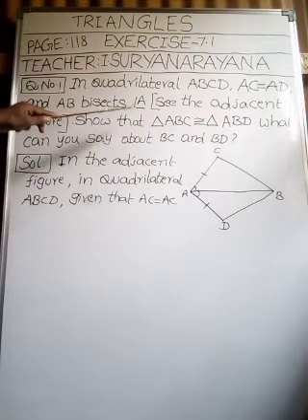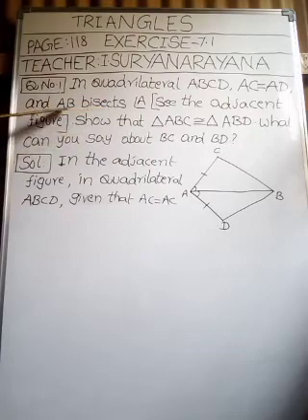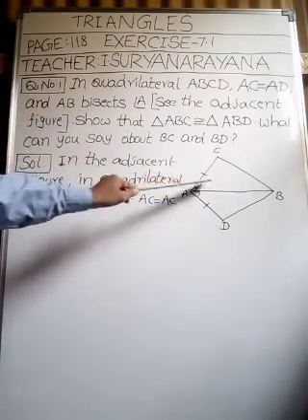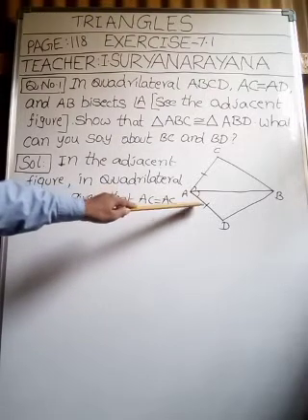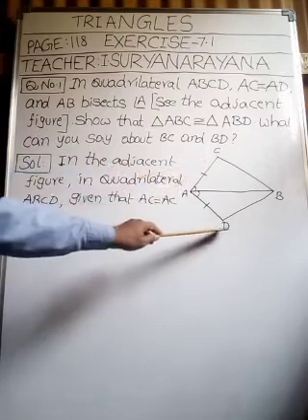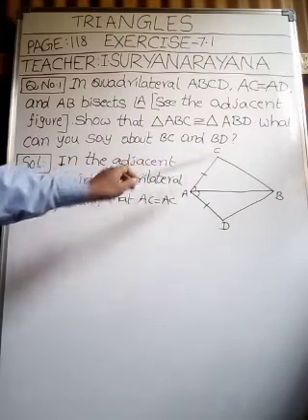Right. And what is given? This line AB bisects this angle. Bisects means if a line is bisecting an angle, that line is dividing the complete angle into two equal parts. So suppose angle CAD is 60 degrees.